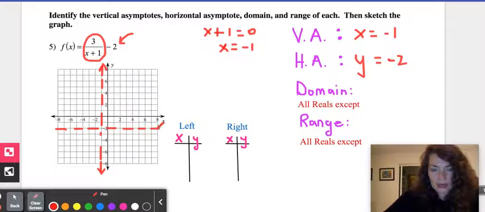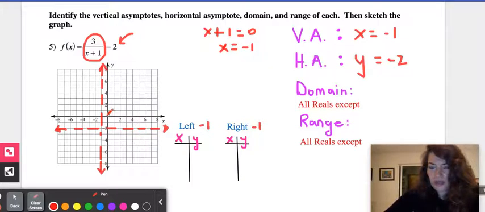Now you can look at this as where your graph is going to approach. It's going to be a curve going towards these two asymptotes. So if you want to be a little more accurate, you can actually see what happens left of -1 and what happens right of -1, because that is my vertical asymptote.